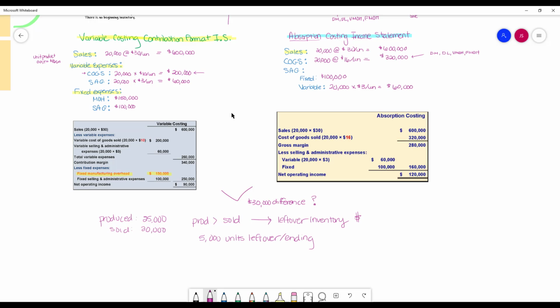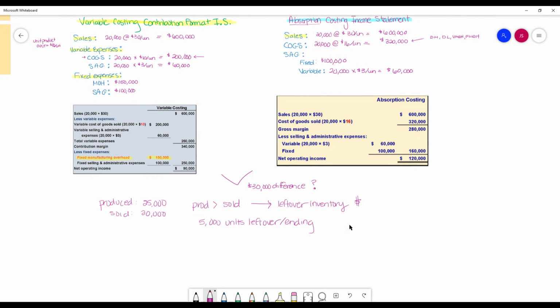Now the question is how we value these 5,000 units. It's different with variable costing compared to absorption costing. These 5,000 units, regardless of whatever costing system we're using, we know have $10 per unit of variable production costs attached to them.